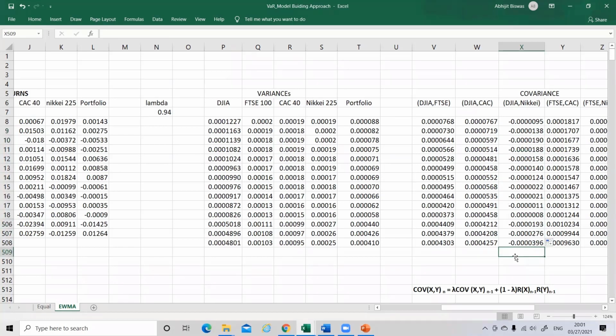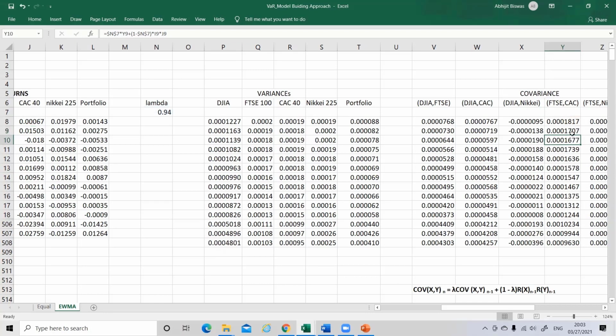Now go to the fourth pair. First calculate the covariance using the covariance.p function. So for the second calculation, you have to use this formula: lambda into previous day's covariance plus 1 minus lambda into previous day's return from FTSE and previous day's return from CSE.